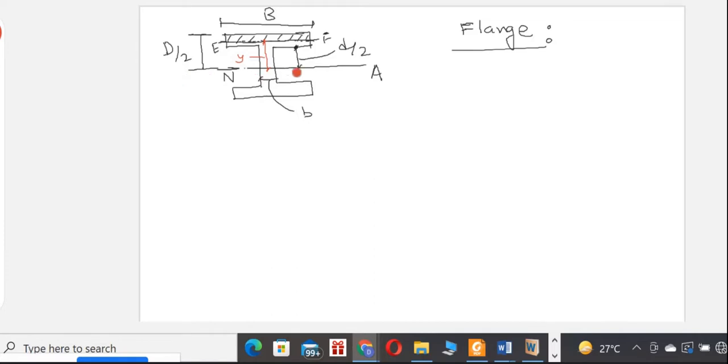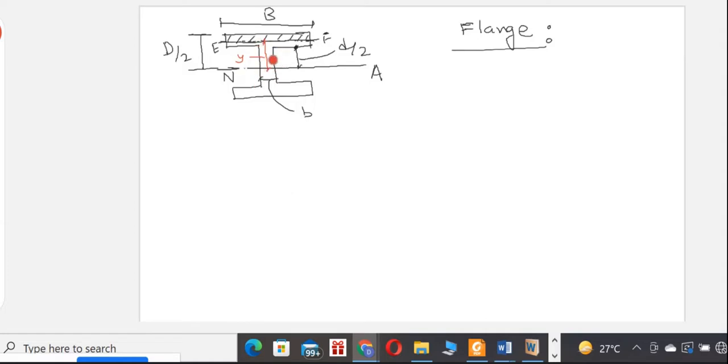So from this neutral axis, the EF level is y distance away and the EF level is situated inside the flange as we are trying to find out the shear stress for this flange portion.